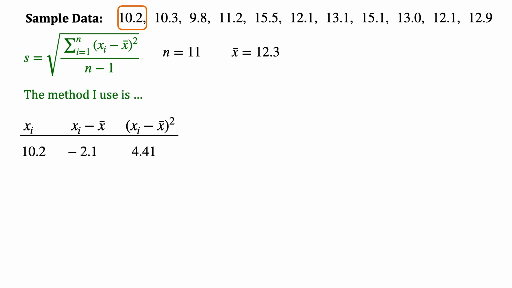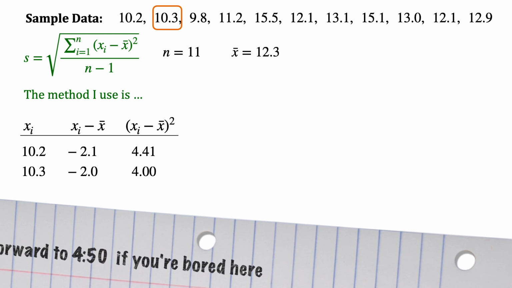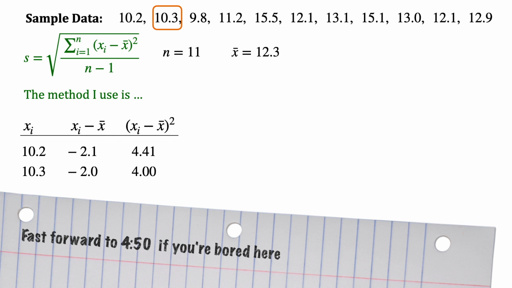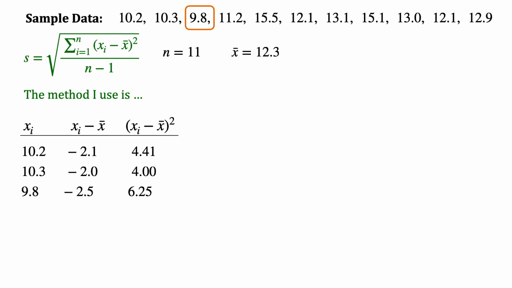The next thing we do is move on to the next data point, 10.3. For that, 10.3 minus 12.3 is negative 2, square it, and we get 4. Then we move on to the third data point. In this case, we have x3 is 9.8. 9.8 minus 12.3 is negative 2.5.